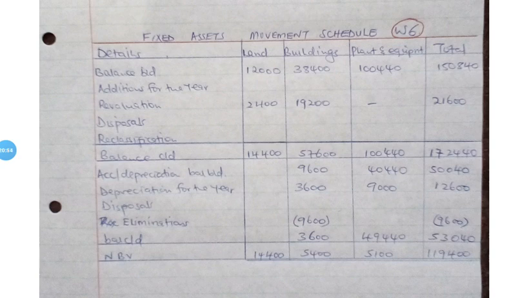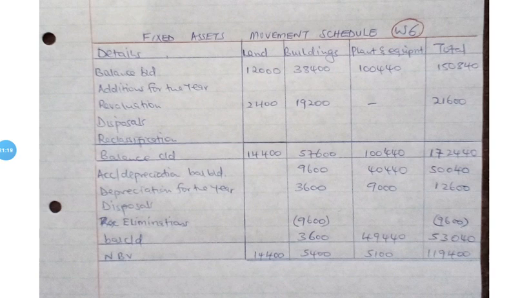It's good to understand it because it will even help you in the future. So the figure we get there, the net book value, the total figure of 119,400 is the figure we were interested in, and this is the figure we are supposed to take to our PPE in the balance sheet.